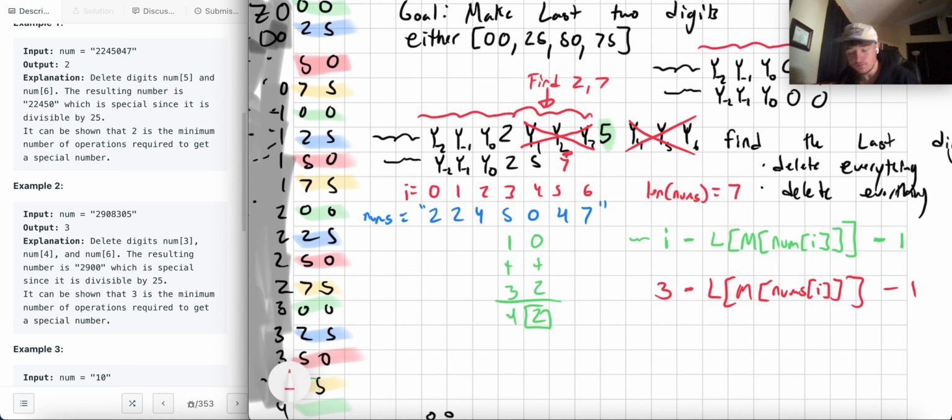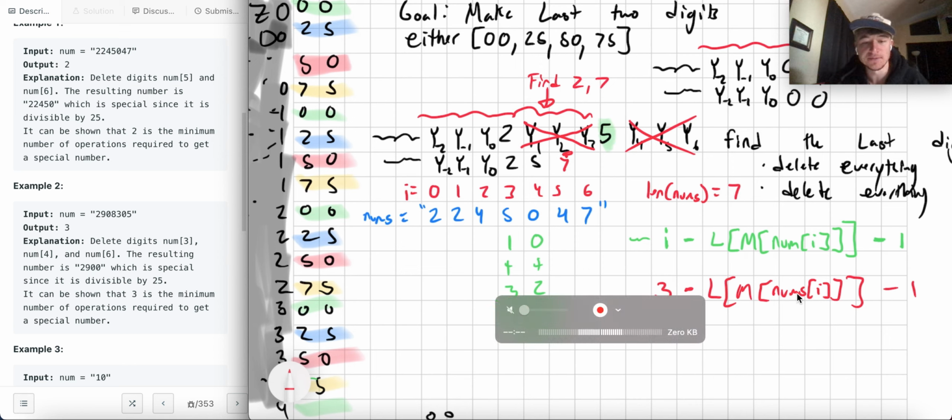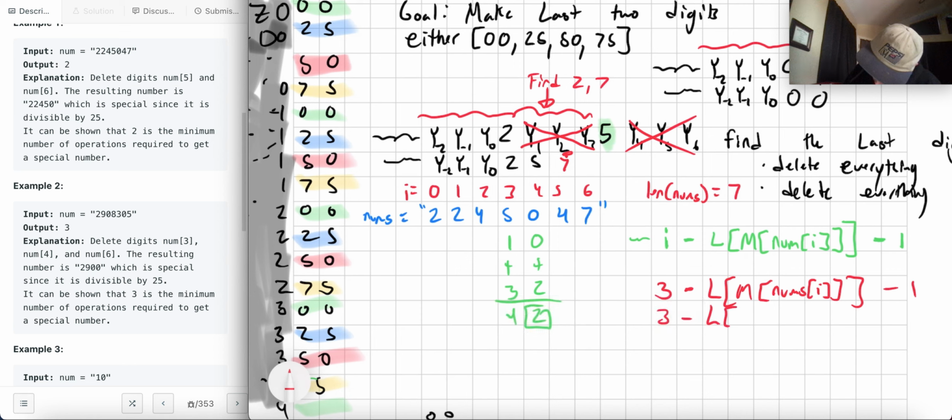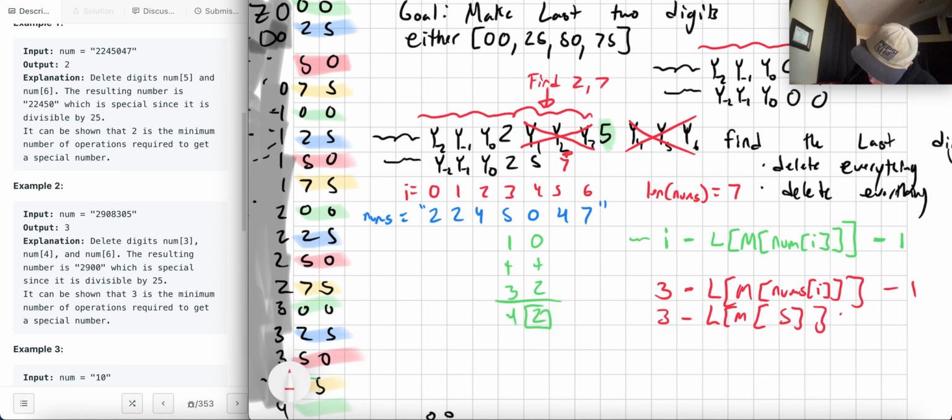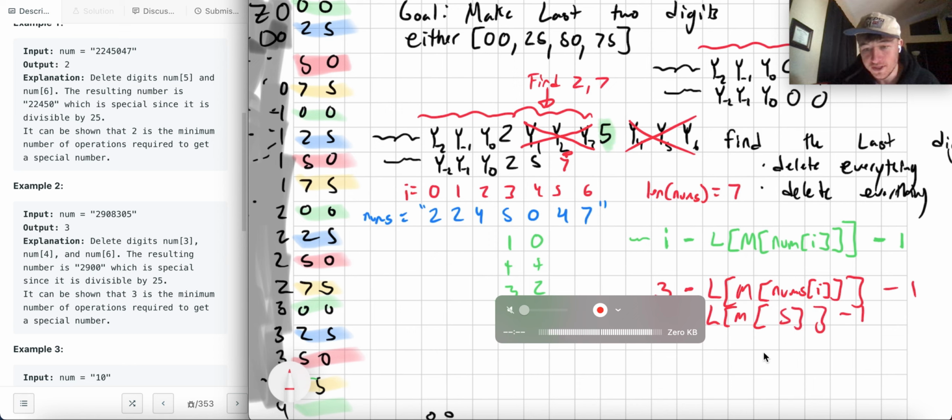Minus 1. So what's nums of I first? Nums of I at 3 is 5. Okay. What's the match for 5? What matches with 5? Either 2 or 7.